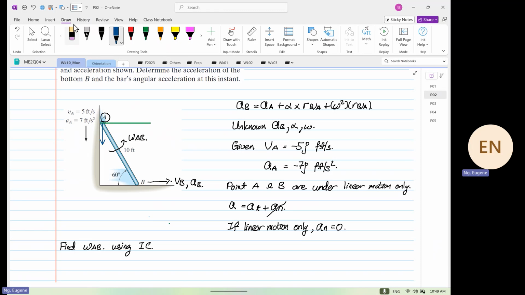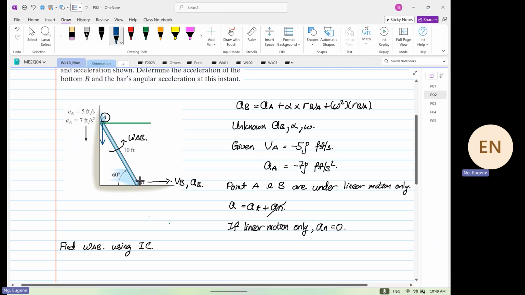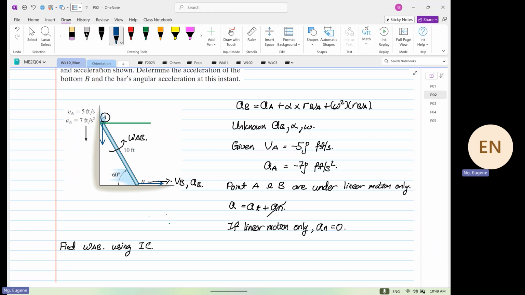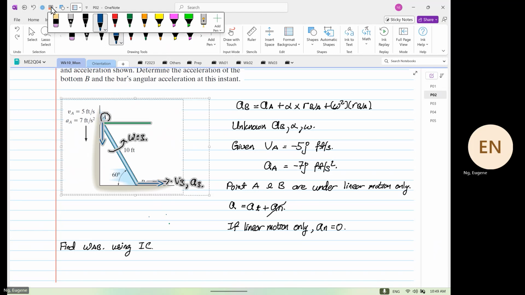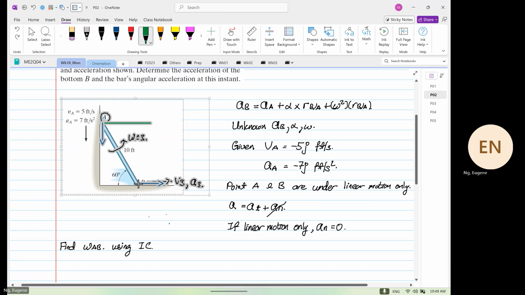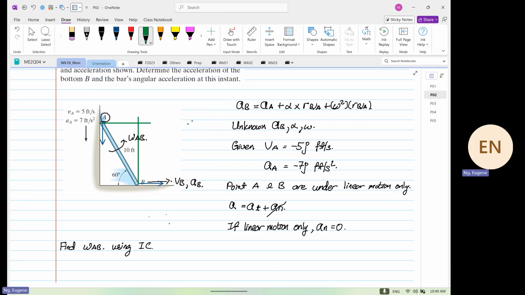And then we are aware that VB is going along a horizontal line, and then we construct a vertical line relative to VB.